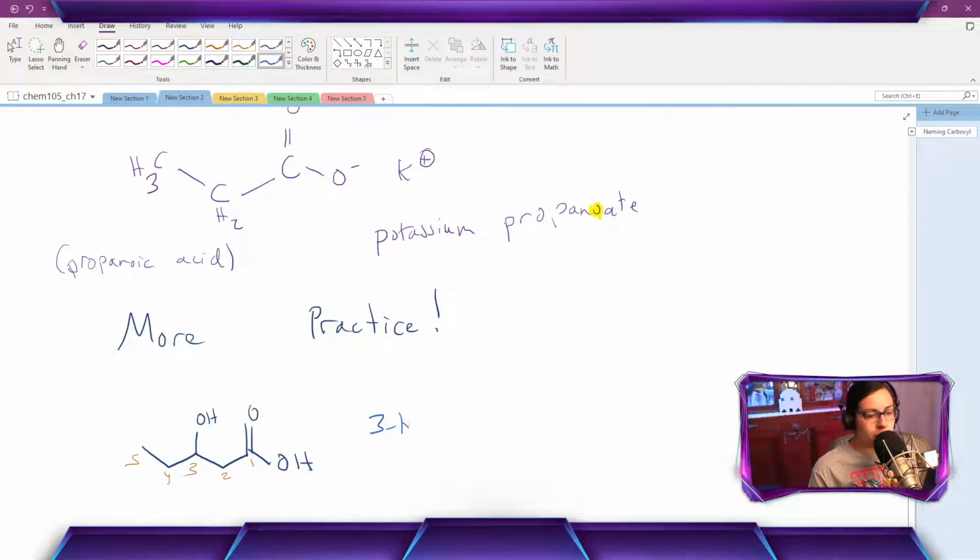So we can go 3-hydroxy, and then it was pentane or pentanoic since we're doing an acid. So pentanoic acid.